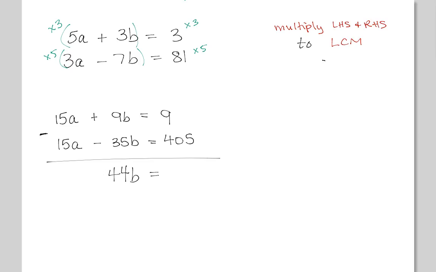And 9 take away 405. Minus 396. What do I divide by? 44. And you get B as negative 9.